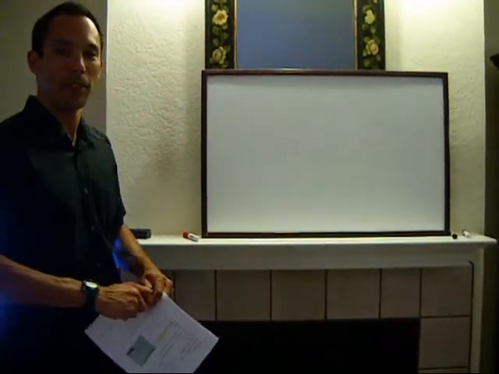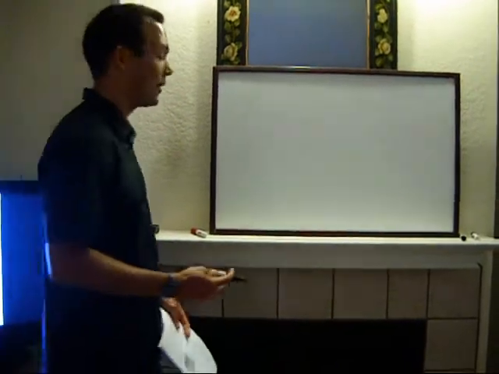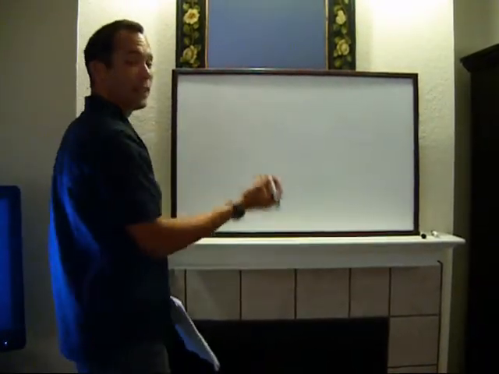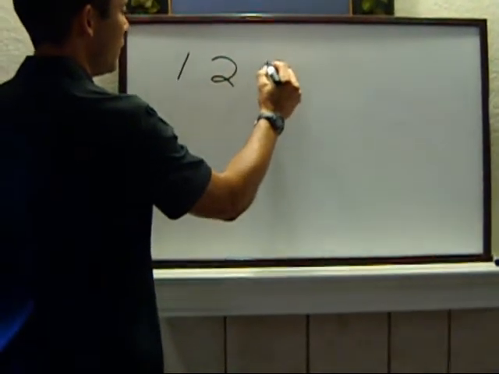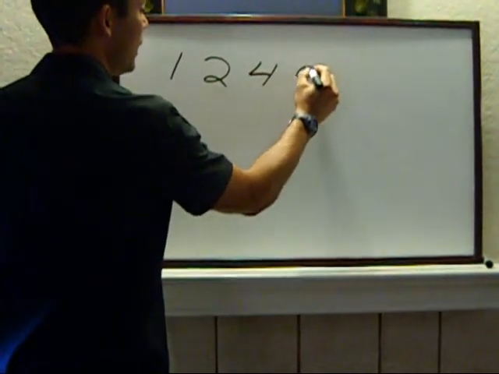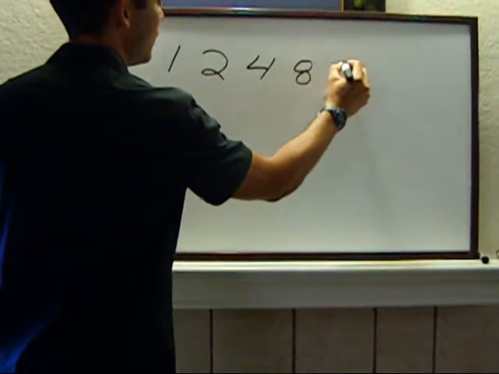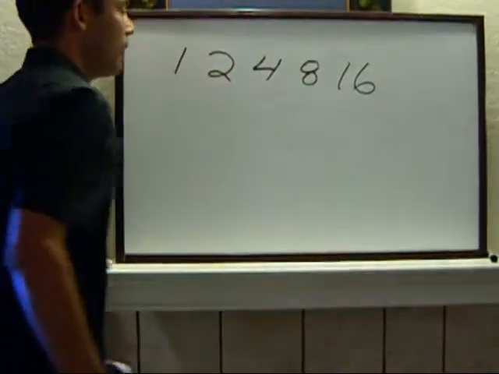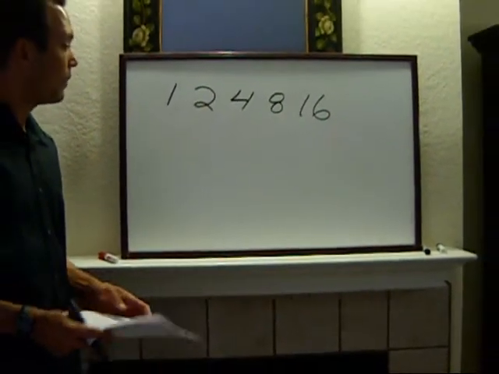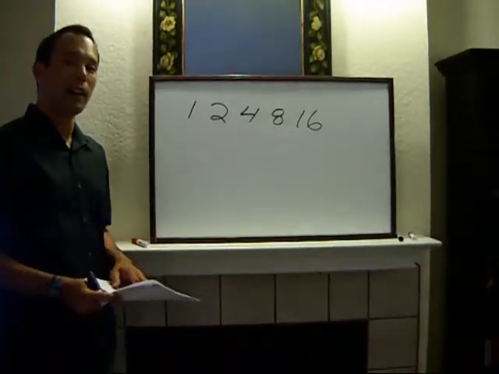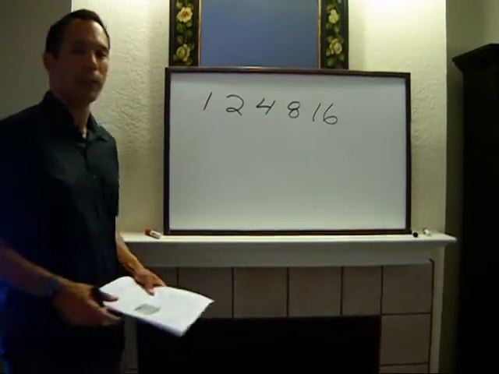Let me give you an example of what would be a geometric sequence. It's just basically a list: 1, 2, 4, 8, 16. Okay, so now we have a sequence. Now, in between each of these is what's called a multiplier.